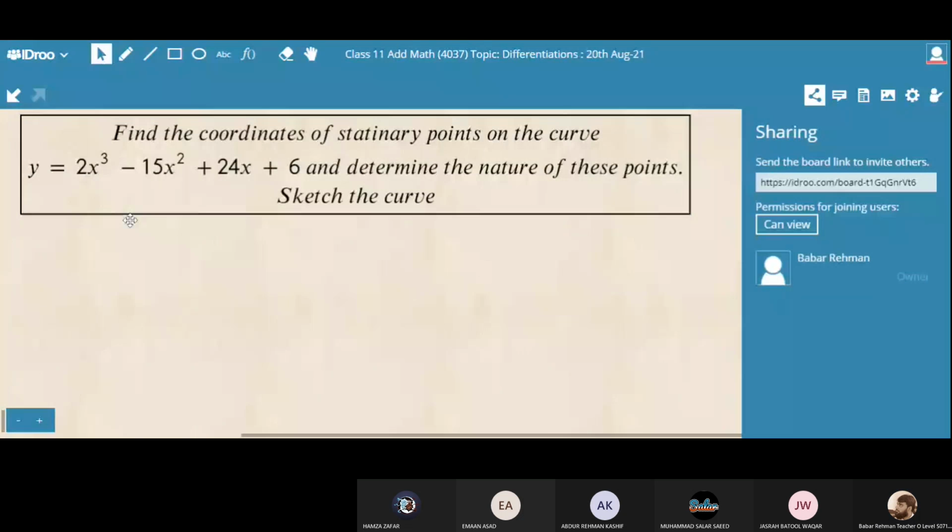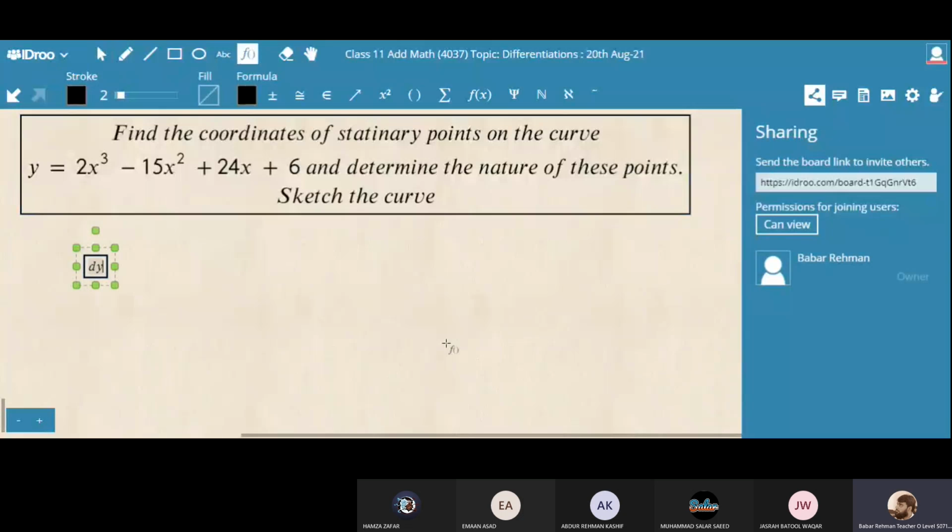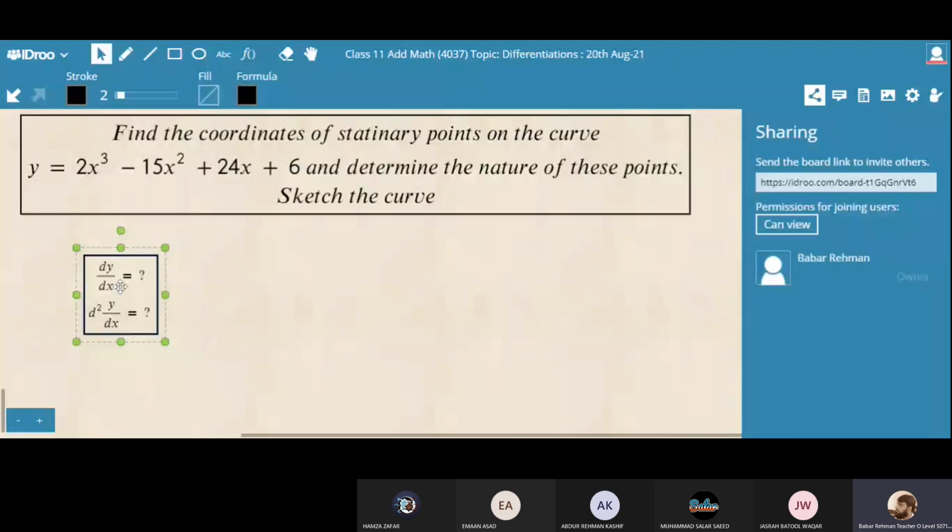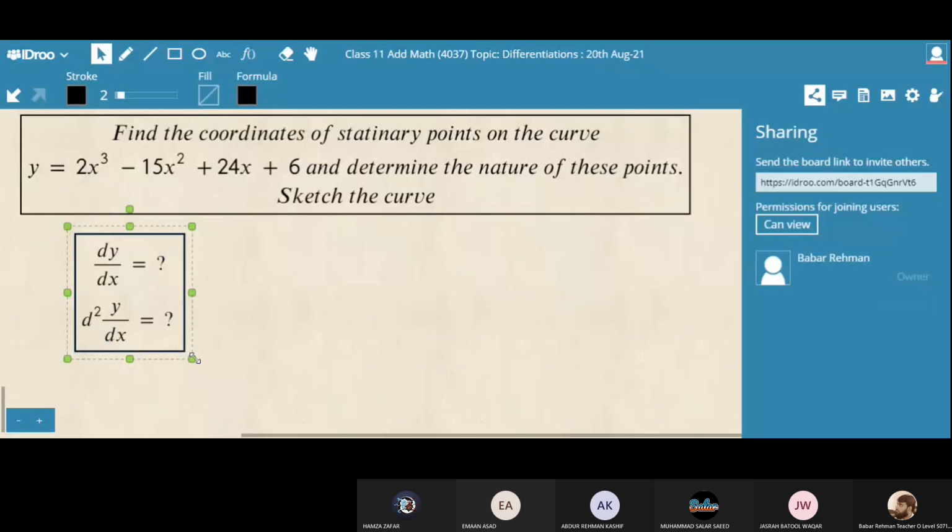Abdurrahman Kashif, what is the first step? Sir, finding the first derivative. Then we will find the double derivative.